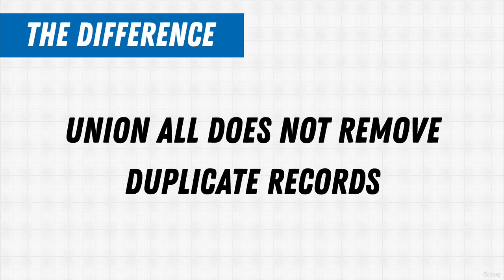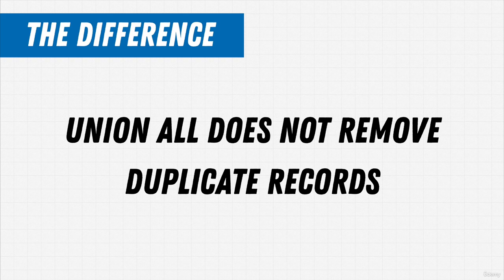Well, union is going to remove duplicate records. It's going to make sure that the data set we get back does not have duplicates. But sometimes you may come into a case where you do want those duplicates. So union all can be used so that you don't remove those duplicates. It's one of those cases where there's different ways of working with data and combining data, and the push and pull of whether or not you should use it depends on the question you're trying to answer.